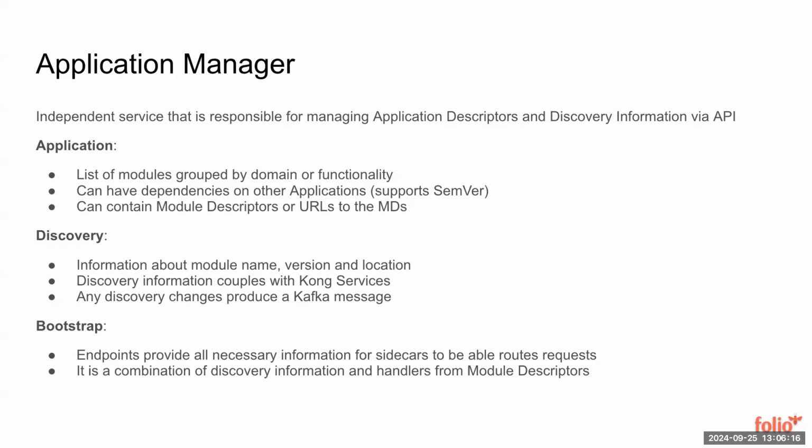These applications can have dependencies on other applications, so we can build a tree of applications. Also, these applications should contain module descriptors or URLs to the module descriptors. With the application manager, we can specify just a URL where module descriptors are stored, and it will download them automatically.